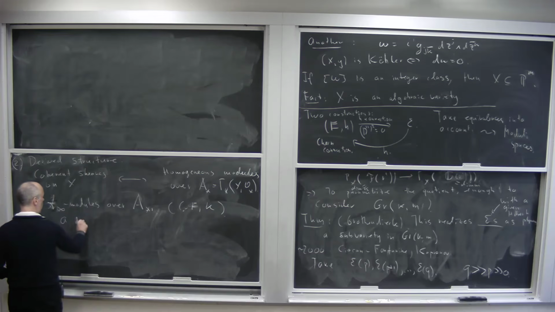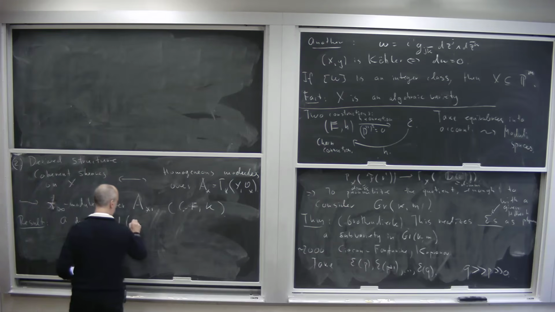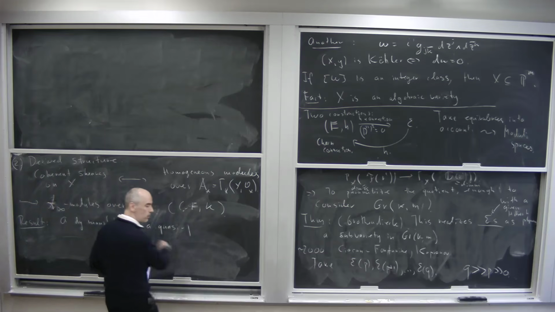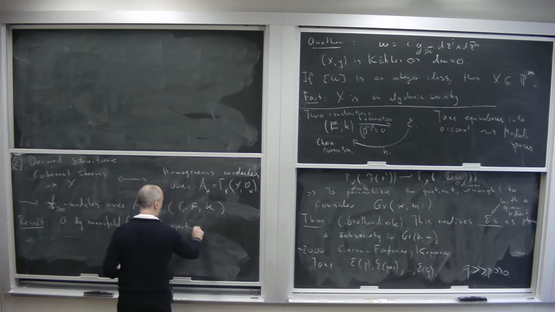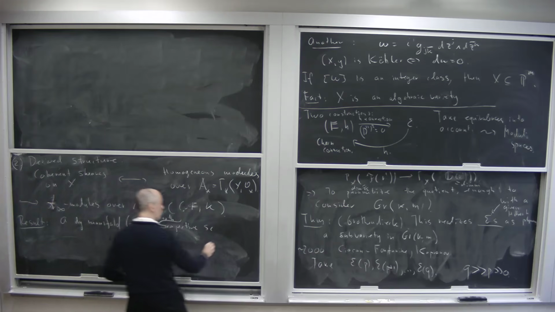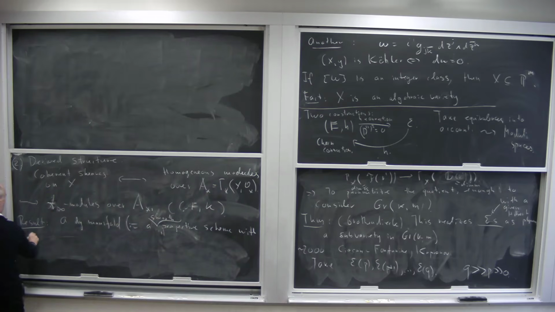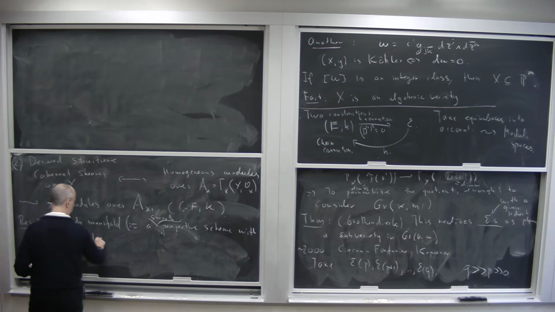Result, a DG manifold. And by that, I mean a quasi-projective scheme. Well, in this case, it will be actually projective. All right, a projective scheme. A smooth projective scheme, that's important, otherwise, why derive? A smooth projective scheme with an enhanced sheaf structure.